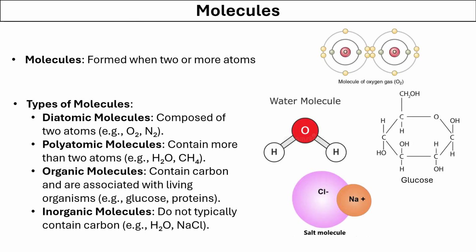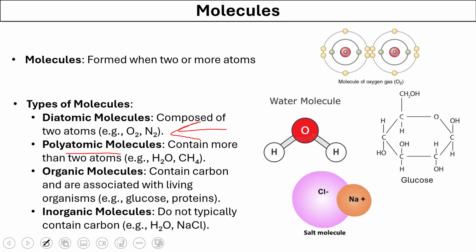As mentioned earlier, molecules are formed when 2 or more atoms combine. If you have a combination of 2 atoms, you call the molecule diatomic, and polyatomic molecules are when you have more than 2 atoms involved. Organic molecules are essentially carbon containing molecules, and they are associated with living organisms.